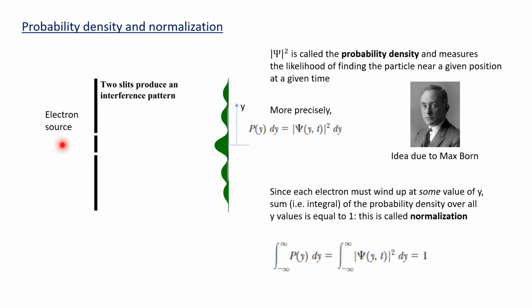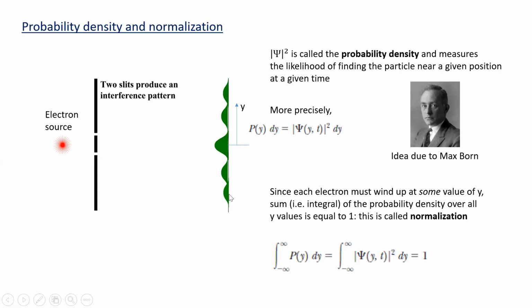And once we have this idea of probability density, since each electron that comes through here has to wind up at some value, if it irradiates a photographic plate, has to wind up at some value of y, since this is a continuous function, the integral of the probability density over all these y values must be equal to 1.